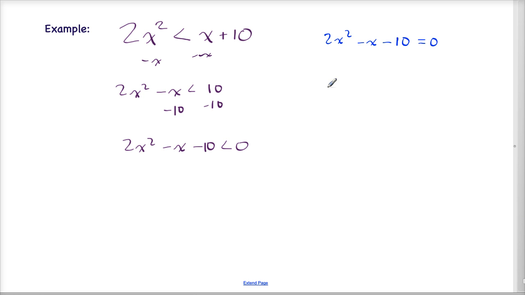I think I will do the factoring method here, right? So I'm going to factor this apart. I sometimes call this reverse foiling. So you want to figure out what 2 binomials you foil together to get this trinomial. The first thing I like to do is you just kind of have to guess and check your way through. So 2x times x would give me the 2x squared, right? So I broke that apart there.